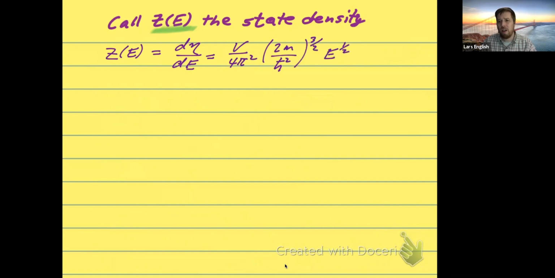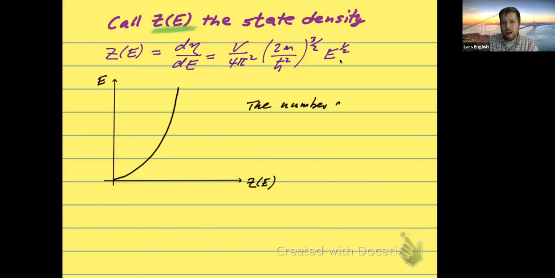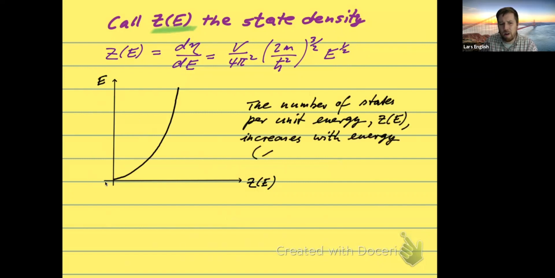And so it's very straightforward to take a derivative with respect to energy of that previous formula. The E to the 3/2 then becomes an E to the 1/2 when I do that. And so we see that if I plot this Z of E against E, it's basically a square root function. I've just flipped the axes here.